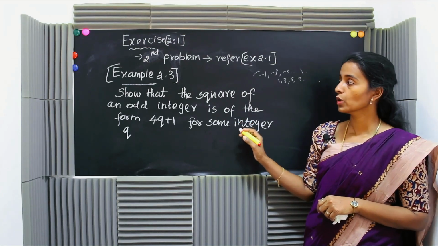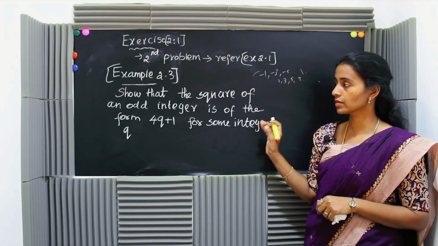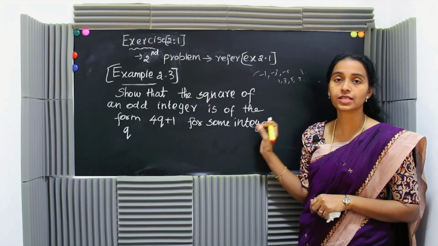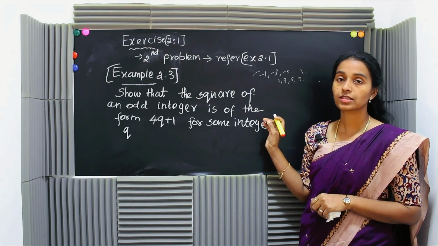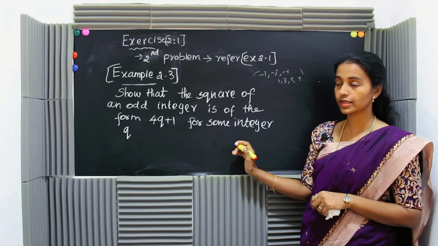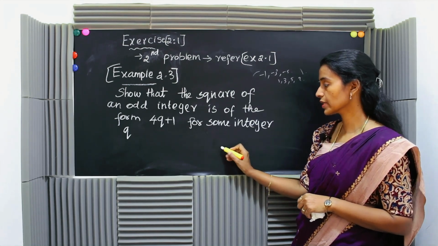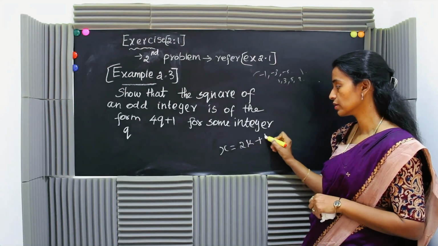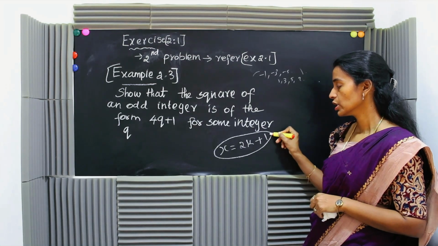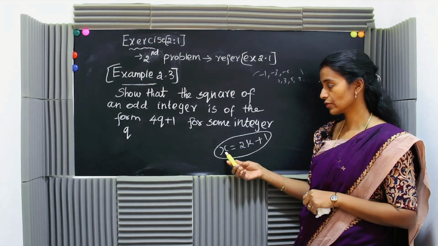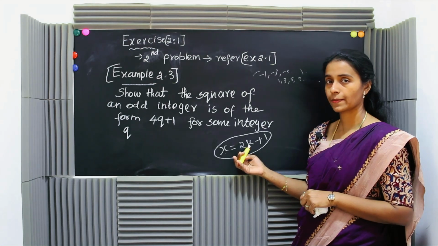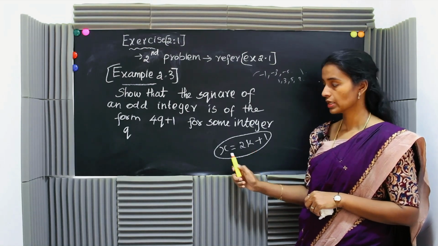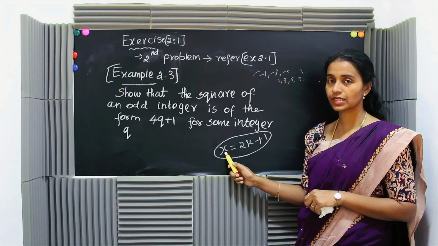Here what we have to remember is that we should create the formula for generating odd integers. That is, we can take x equals 2k plus 1. You can take any letters instead of x and k; I am taking x and k here. x means the odd number, the answer.